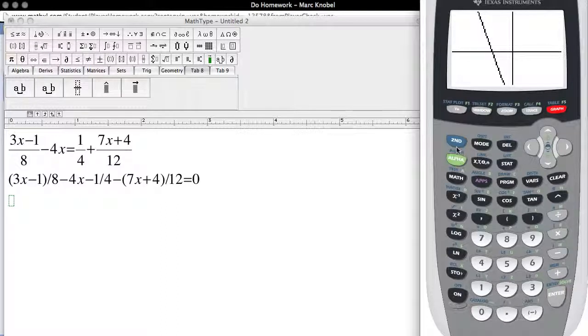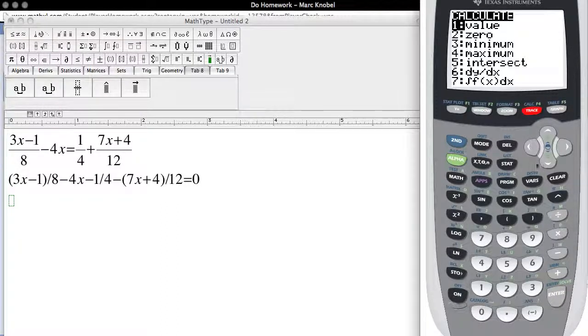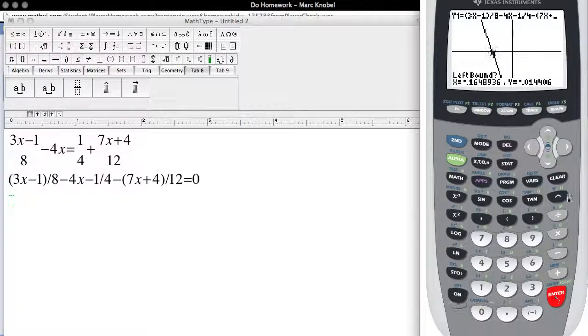We did that using the second calc menu. And then we selected 0, number 2 for 0, to find that x-intercept. And then again, we chose a left bound and pressed enter. And then we used the right arrow to trace to a right bound, press enter. And then press enter a third time, and we got negative 0.168. We rounded that to 1 decimal place.